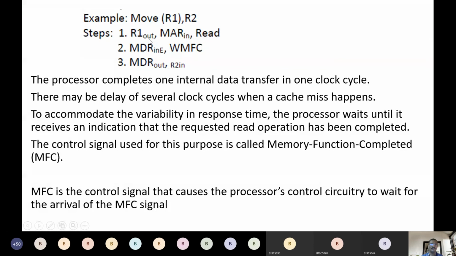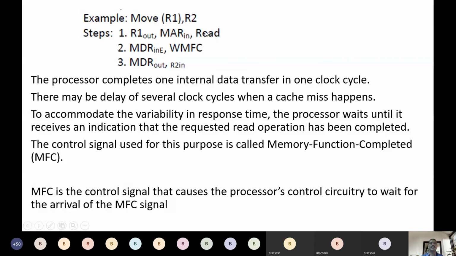That's why we are making R1 out and taking the address from R1. We store that address in MAR, because it is an address register, by making its in signal. Next, we make the read control signal so that data can be read from main memory. The address is stored here and the read signal is sent.